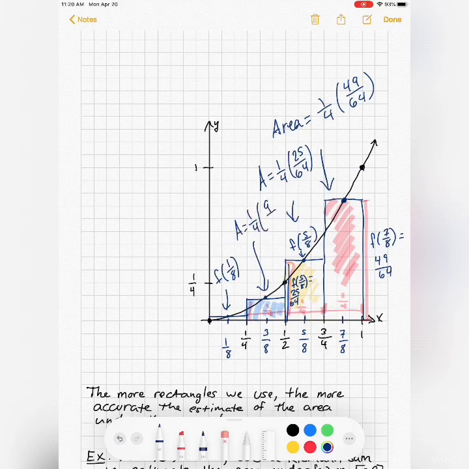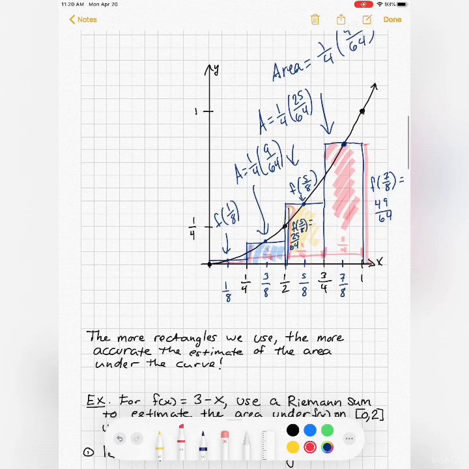Base times the height. And then the last one, this rectangle. The area of that one is the base times the height, f of 1/8.